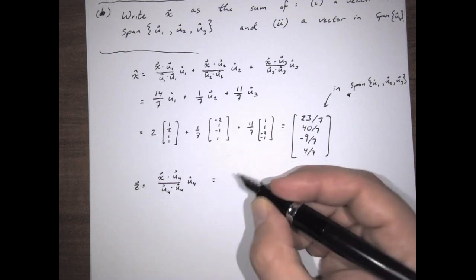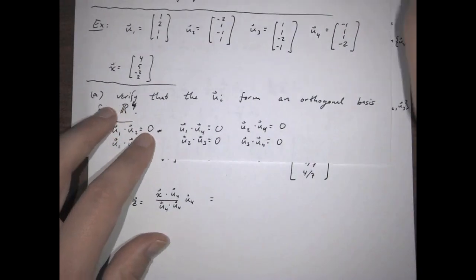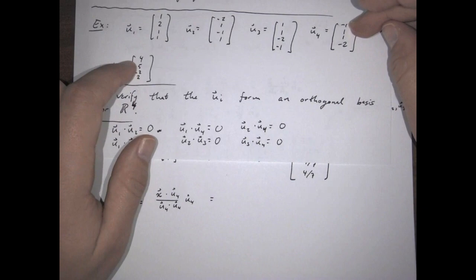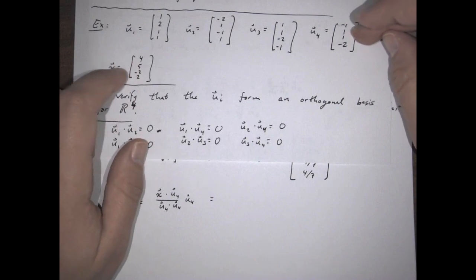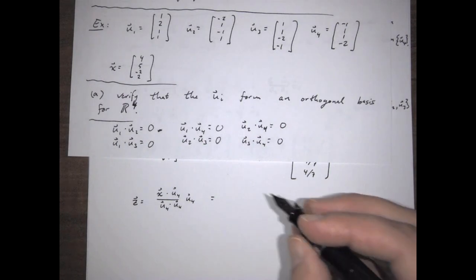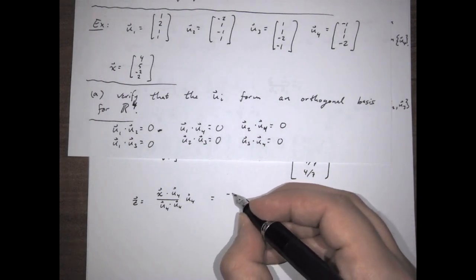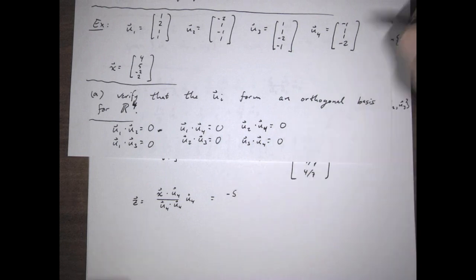Looking at this, x dot u4 is going to be -4 plus 5, so that's 1, minus 2 minus 2. It's going to be -3, sorry, -5, actually, let me check that again.